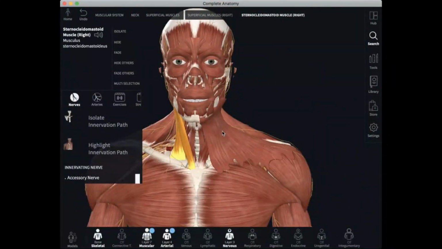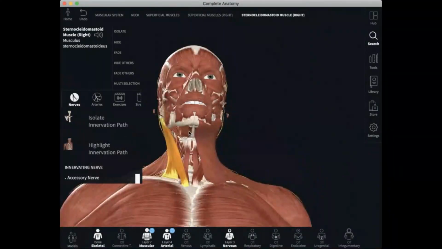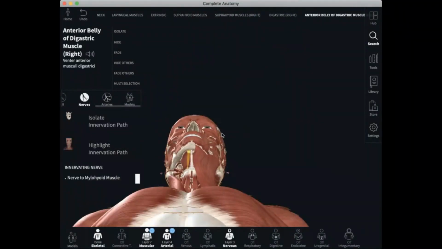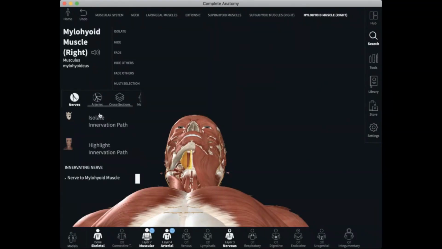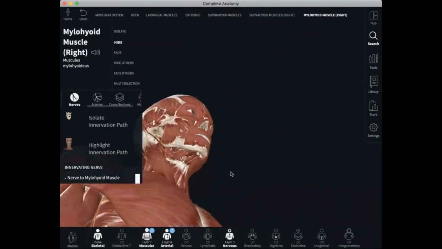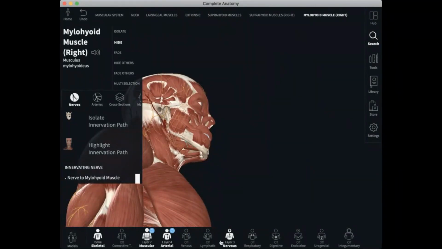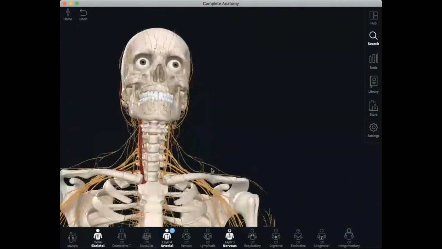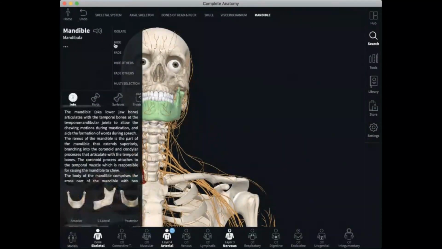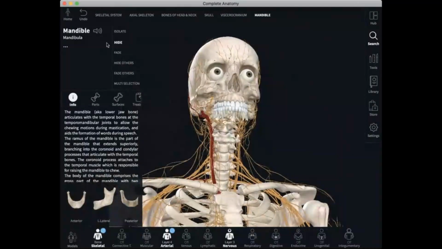Here is the tongue. I will remove the muscles, then I will show you the tongue.